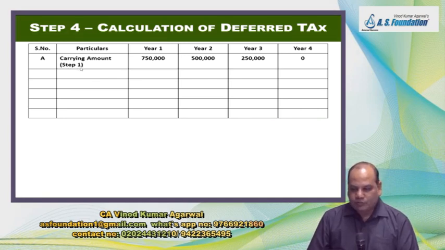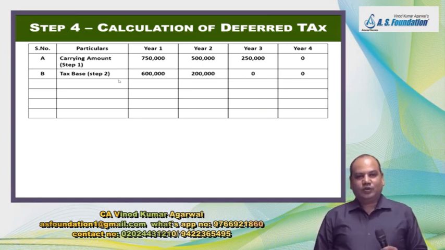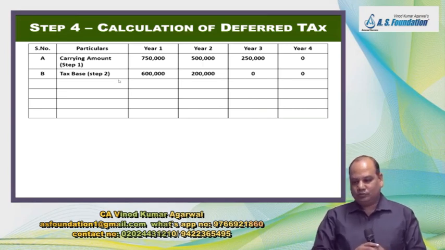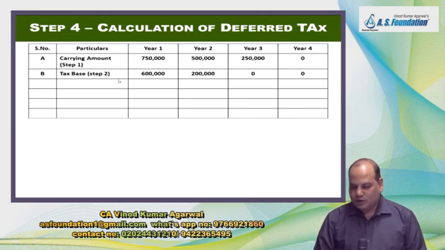Go to step 1: 7,50,000, 5 lakh, 2,50,000, 0. B, tax base, step 2: 6 lakh, 2 lakh, 0, 0.